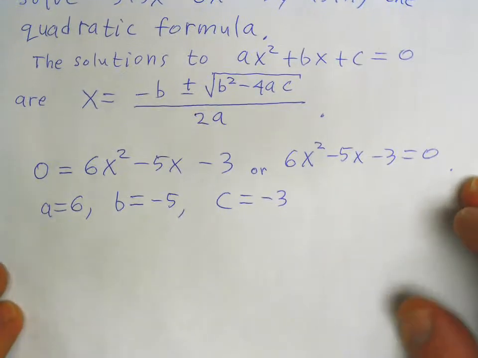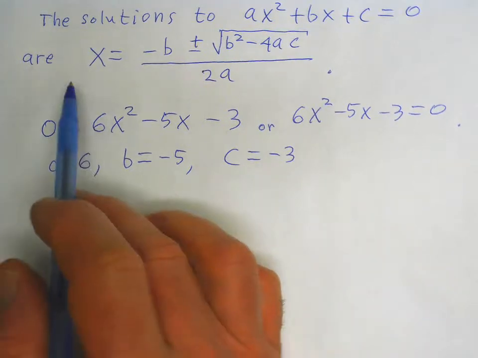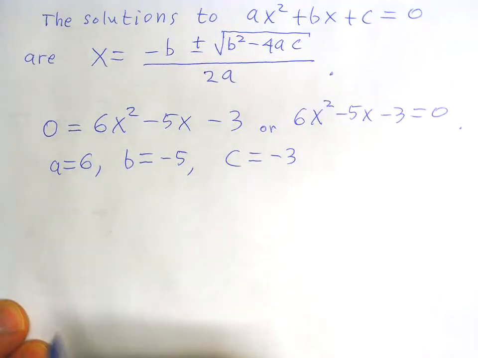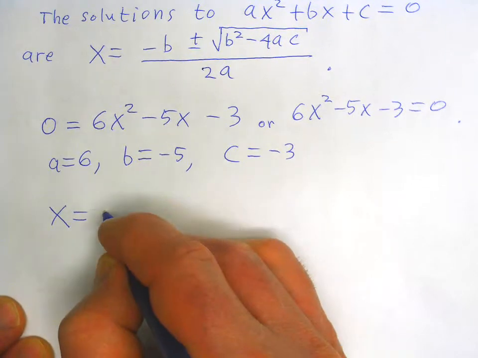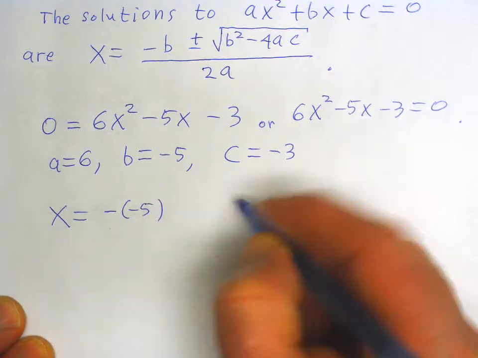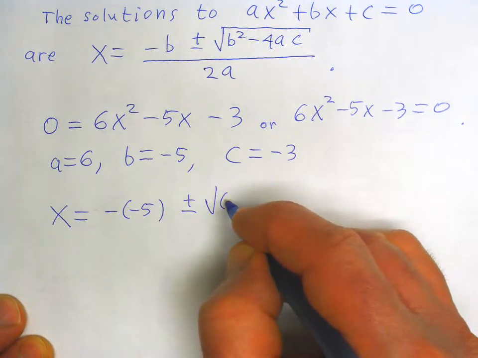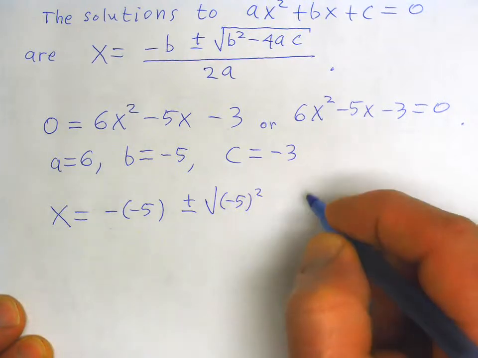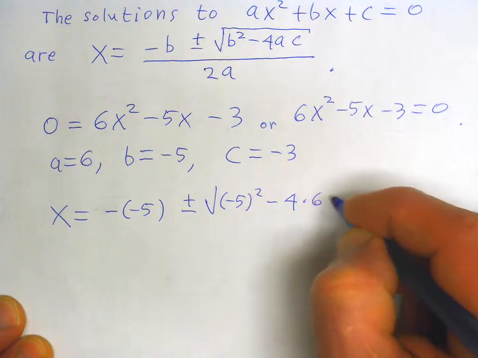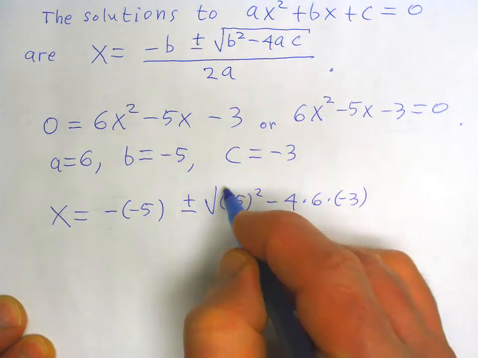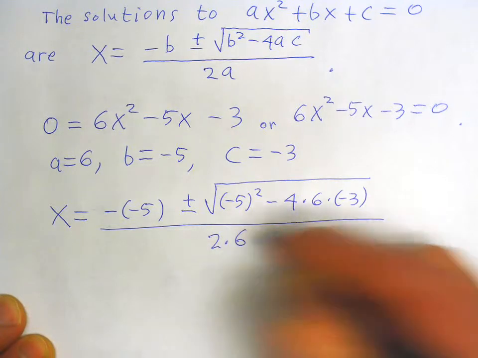So we can write down the solutions to the equation using the quadratic formula. We get x equals the negative of negative 5, plus and minus the square root of the number negative 5 squared minus 4 times 6 times negative 3, and this is all divided by 2 times 6.